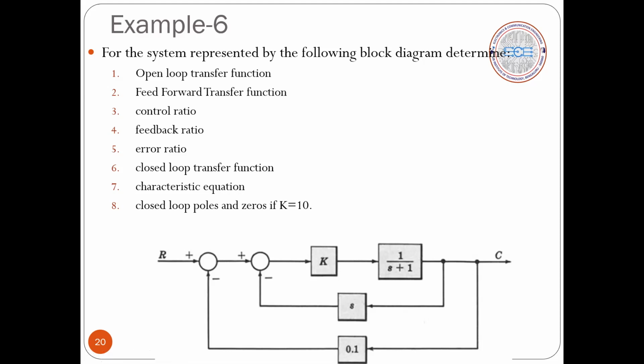So we have to repeat all the procedures here, and once we reduce the given block diagram to a standard canonical form, we will write equations for all these parameters, substitute k equal to 10, and finally calculate the transfer function, poles and zeros, and that's the end of part 8.